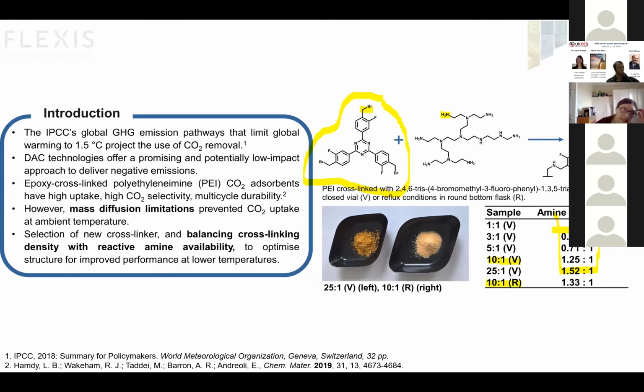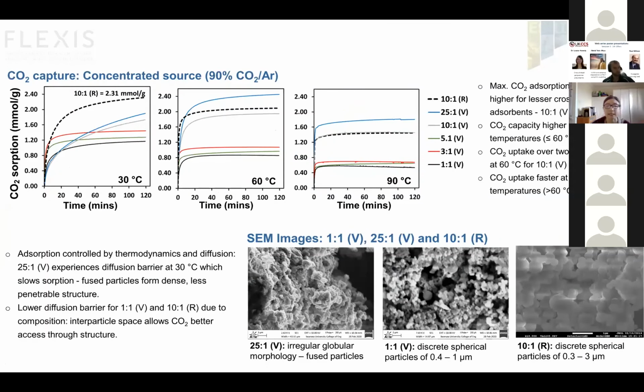So we've tested these materials at 30 degrees, 60 degrees and 90 degrees on TGA in 90% carbon dioxide and argon. The maximum CO2 adsorption is consistently higher for the lesser cross-linked adsorbents, 10:1 and 25:1, because these materials have a higher ratio of amine to cross-linker. The CO2 capacities for all of them are higher at the lower temperatures.